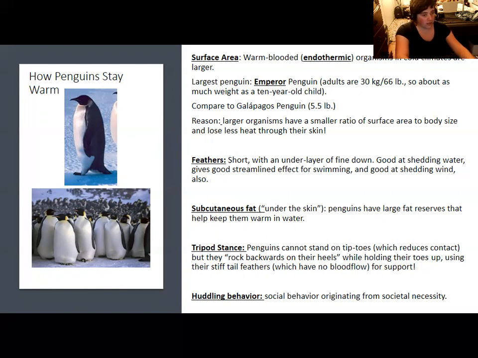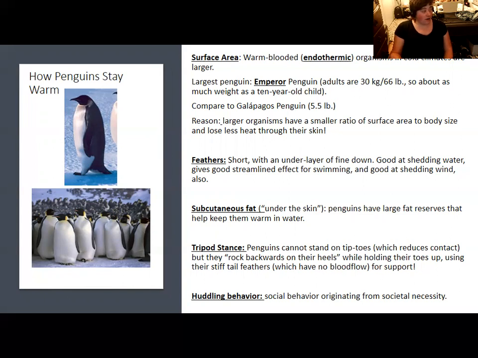They're kind of rolling so that first their toes and then the back of their foot and then their tail are touching the ice in succession, and then the back of their tail, the back of their feet, and then their tiptoes again. So they're rocking back and forth so that no one part of the bottom of their body is touching the ice for very long, which is a really cool adaptation.